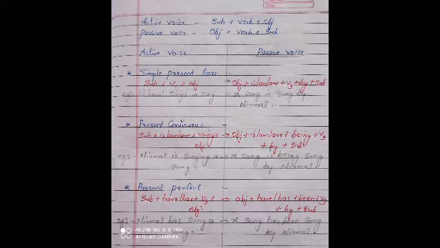Simple present tense. So, if the sentence is in simple present tense, that is subject plus verb plus object, in passive voice, we should change that sentence like object plus, and we should add the auxiliary verbs is or am or are.